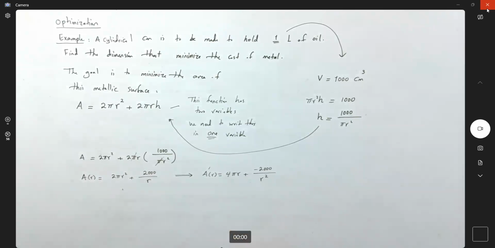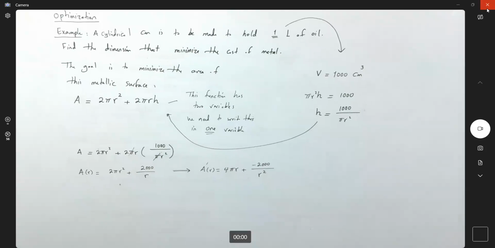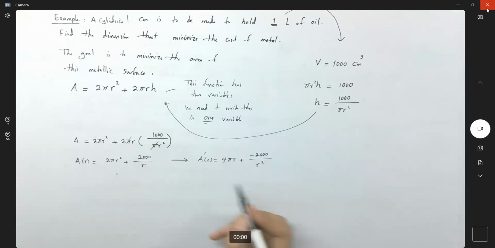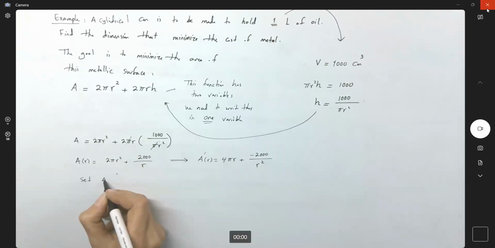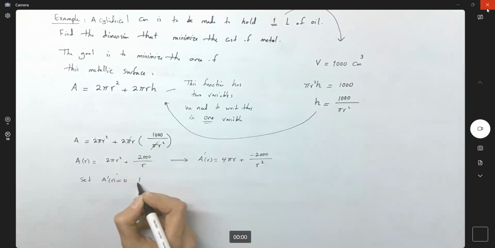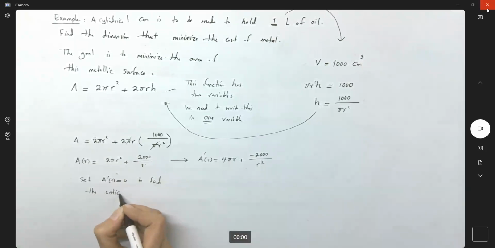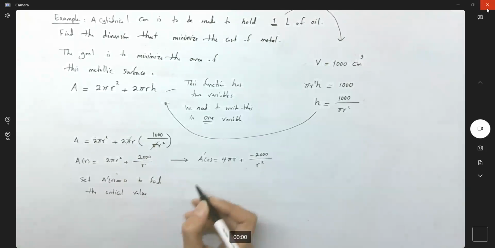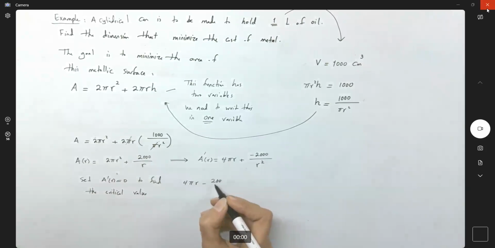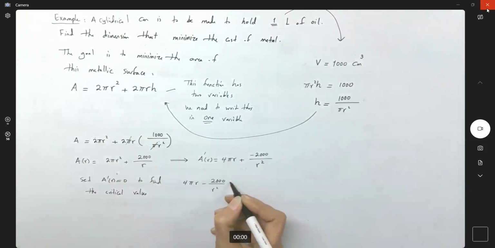Very good. So you can set this equal to 0 to find the critical values. Set A prime of r equal to 0 to find the critical value. Very good. So 4 pi r minus 2000 divided by r squared is equal to 0.